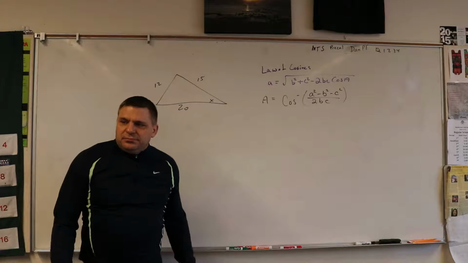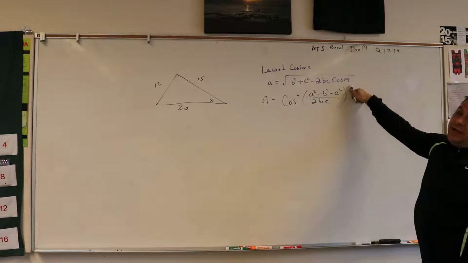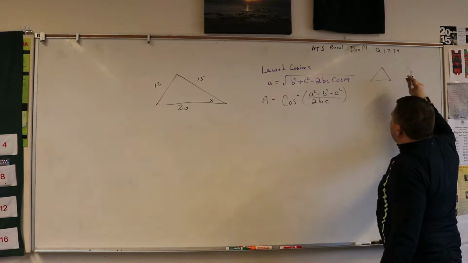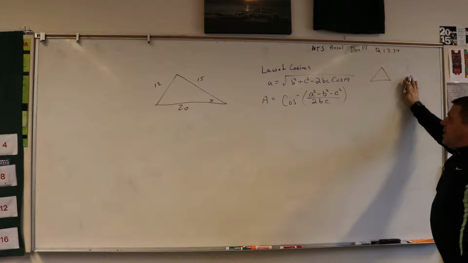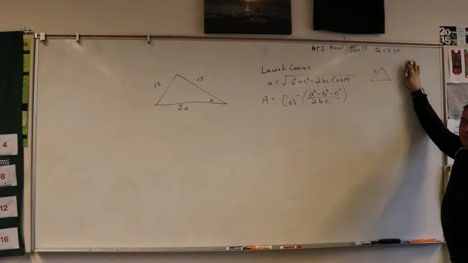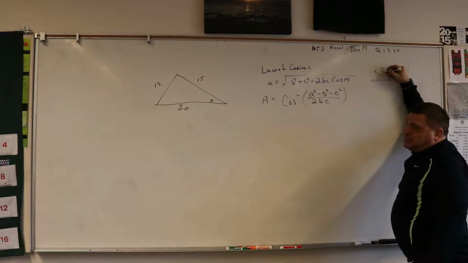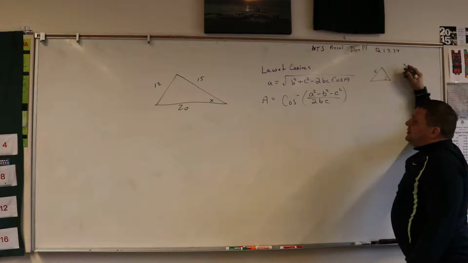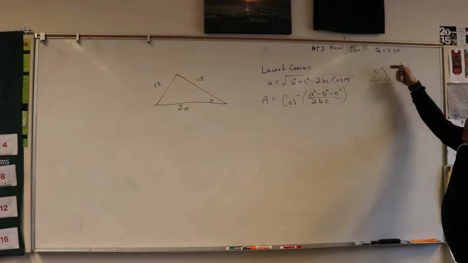Now, the rules. When will we look for it like this? Well, if you have a triangle and you obviously need a side, but you have an angle opposite of that side, but you don't have either two angles.